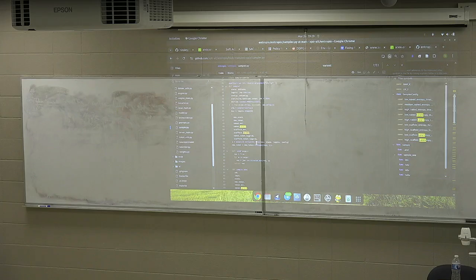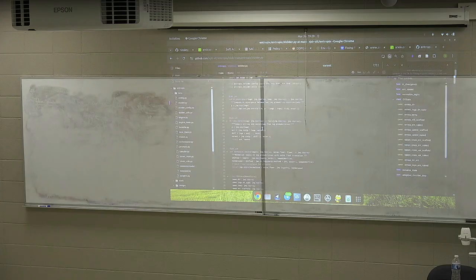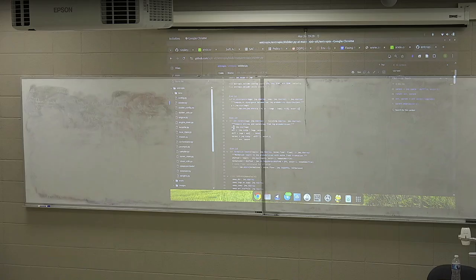Adaptive Dirichlet step. D-slider. Compute these from their log probs. So P is jnp.exp of log P, so those are the probabilities.